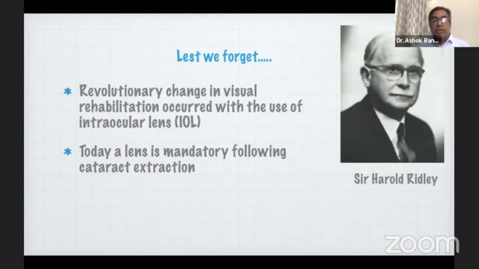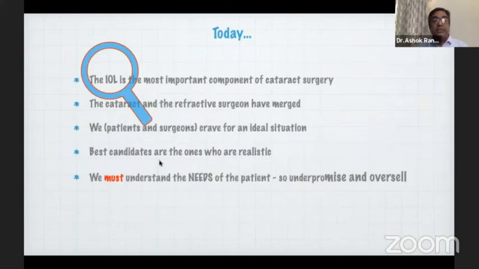Because whether we like it or not, as cataract surgeons, we know that the index of success of our cataract surgery is the placement of the lens in the eye, and the refractive outcome which comes out of it is what is seen by the patient as an end result. How much ever we might compliment ourselves of having done a great surgical procedure, we know that it's the lens which actually plays the trick in satisfying the patient.